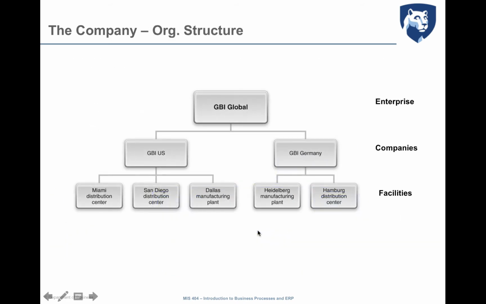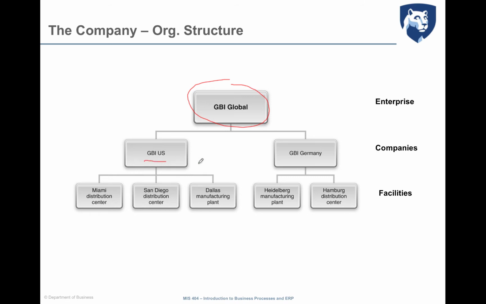Here it is instead the organizational structure in practice of GBI, because as we can see, GBI, the main company, has its headquarters, so at the enterprise level, located in Dallas, in the US. So GBI is a US company, but it operates through two subsidiary companies.